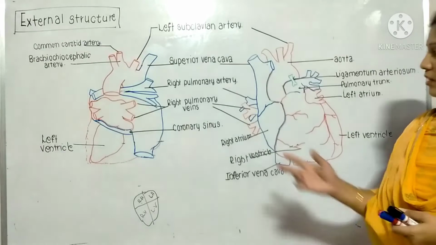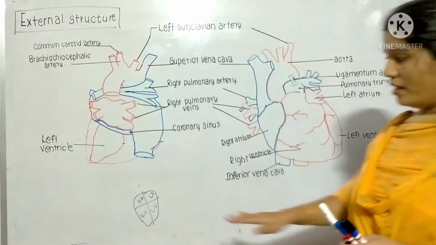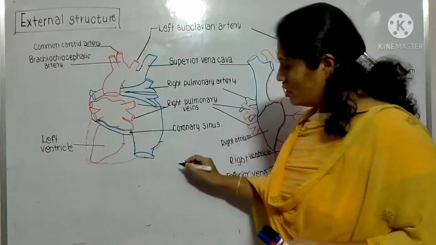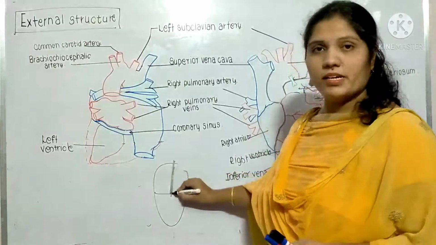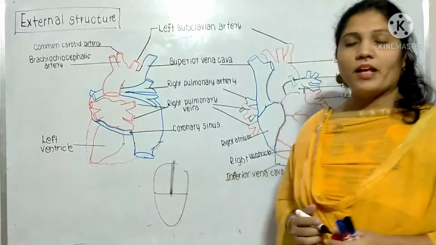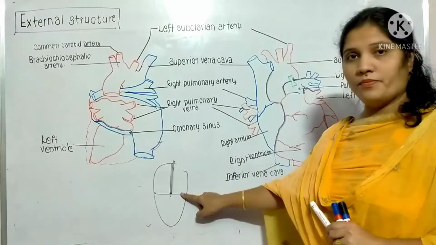Now here, between both the atria, if you observe, a septum and a groove are present, which is known as the interauricular septum or interauricular groove.